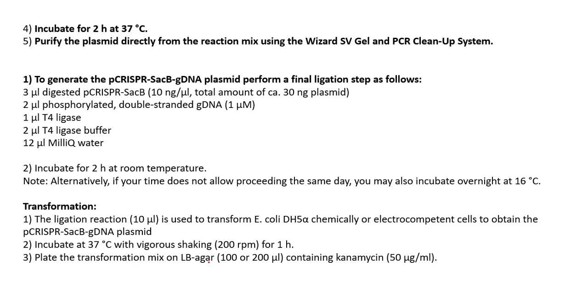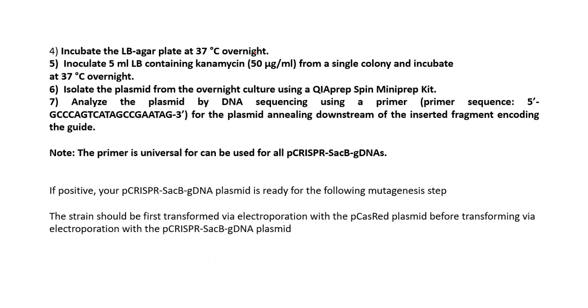Because this plasmid has kanamycin resistance, you have to add kanamycin to your LB agar. Then incubate it. Definitely the colonies which have the kanamycin resistance are going to grow. You pick the colony, grow it overnight, and then do the miniprep. After you have the plasmid, do not forget to do the DNA sequencing using this primer.